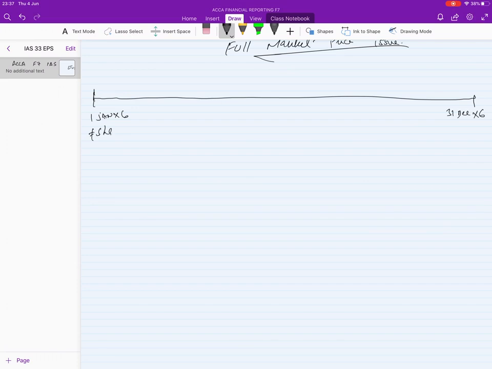Here the number of shares is 10,000, suppose, and profit is 25,000. Suppose on 1st July x6 the company issued shares at full market price, and how many shares are being issued? The company issued 5,000 shares at full market price.